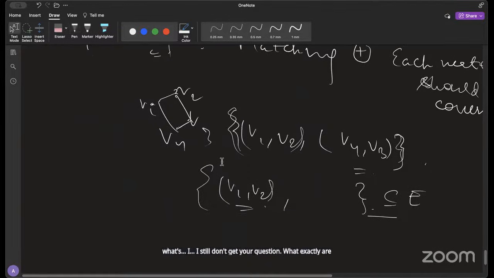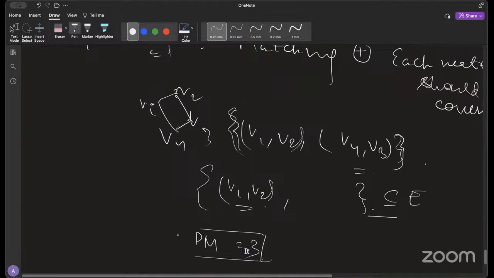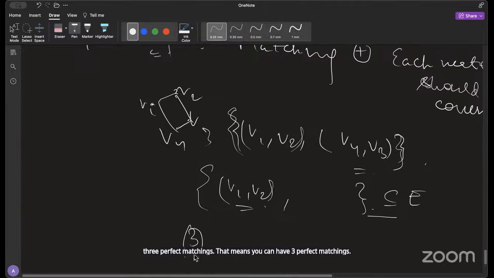What does the question exactly say? Ma'am, it says PM of a graph is 3, where PM(G) is the perfect matching of a graph G. So I'm understanding that there are 3 possible perfect matchings. That means you can have 3 perfect matchings. That's what it should mean.